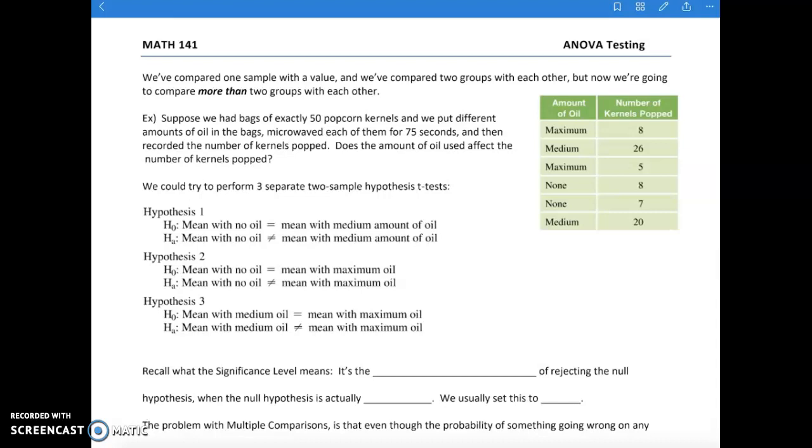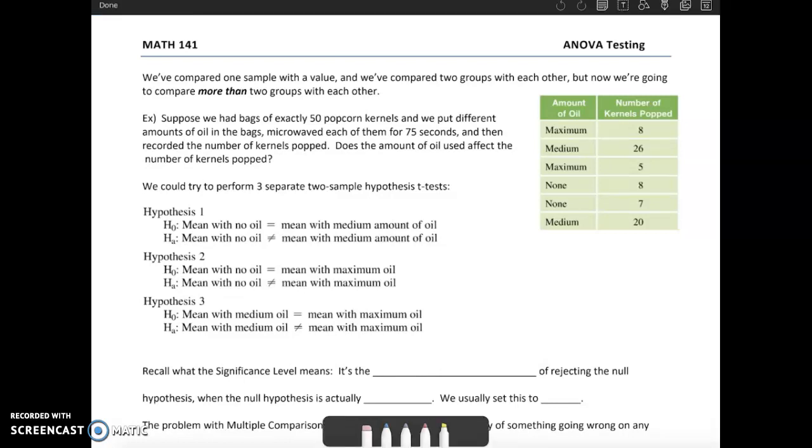It says we could perform three different two sample hypothesis t-tests here. We could first compare the mean with no oil to the mean with medium oil and test whether it's the same or not the same. Then we could do another combo: no oil versus maximum oil.